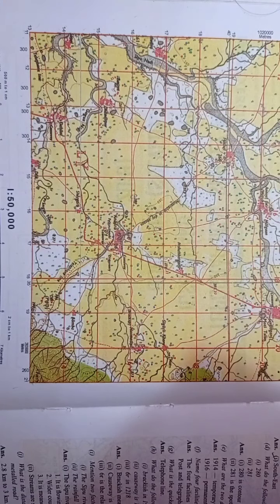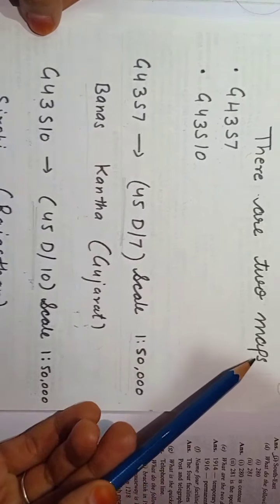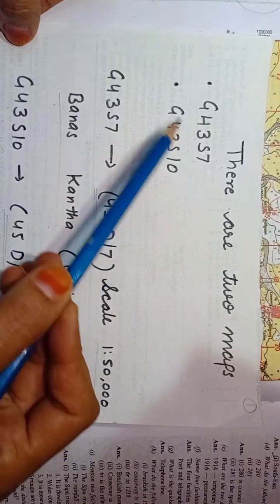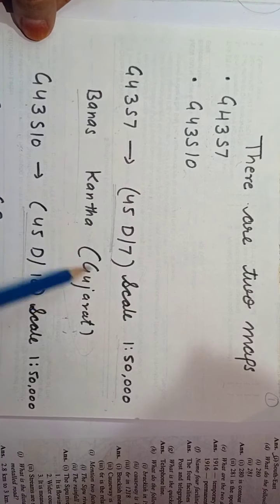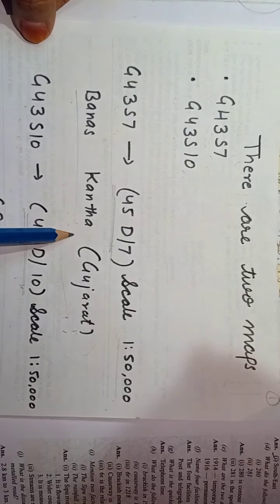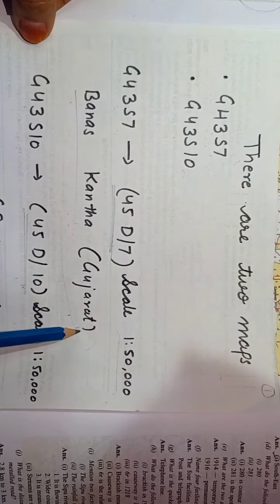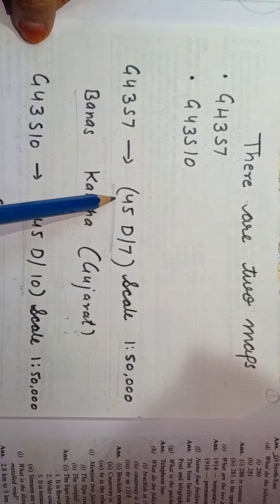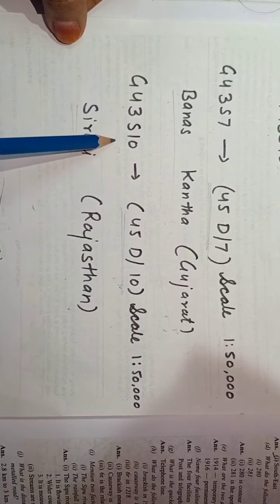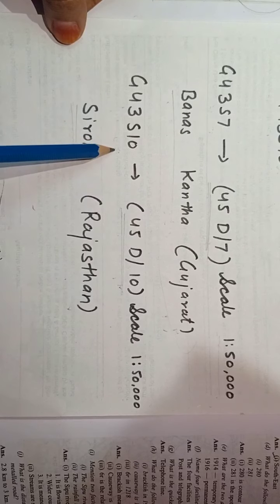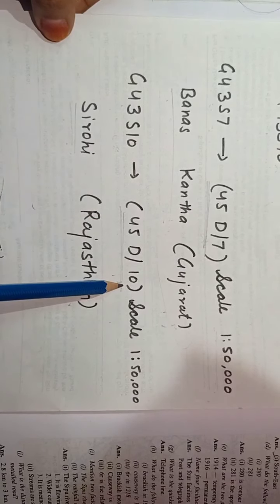According to the ICSE board, we are studying two maps, that is G43S7 and G43S10. In G43S7 we are talking about Banaskantha. This Banaskantha is a part of Gujarat. Earlier this map was known as 45D7, and the second topographical map, G43S10, was earlier known as 45D10.